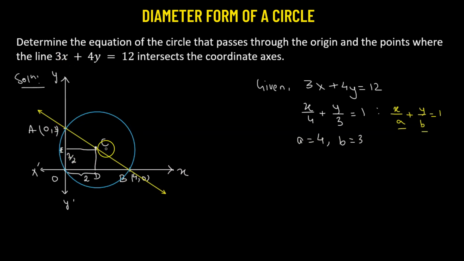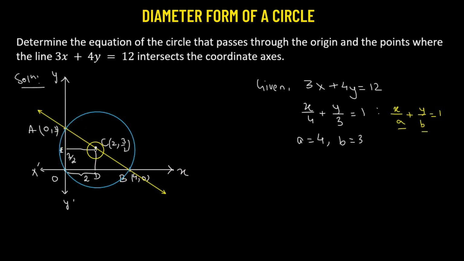So that means what will be the coordinates of the center C? The x coordinate is 2 units, and the y coordinate is 3 over 2 units. Now we started out with an assumption that C indeed lies on the line AB. Now let's see, if AB is actually the diameter of the circle, the center divides the diameter into 2 parts.